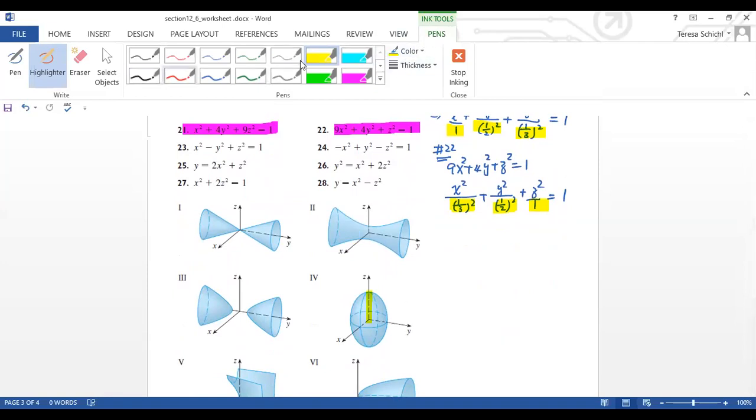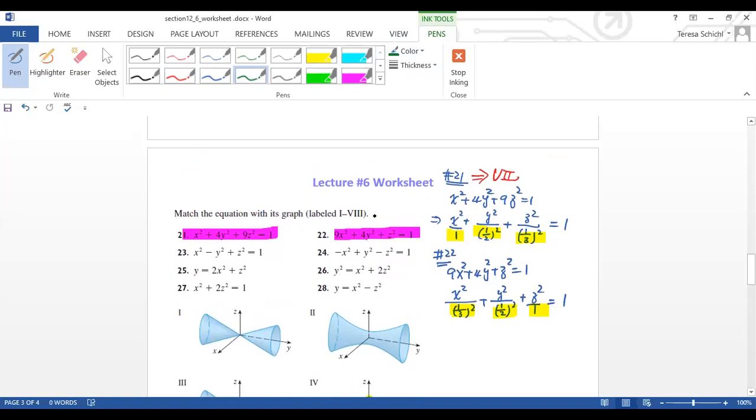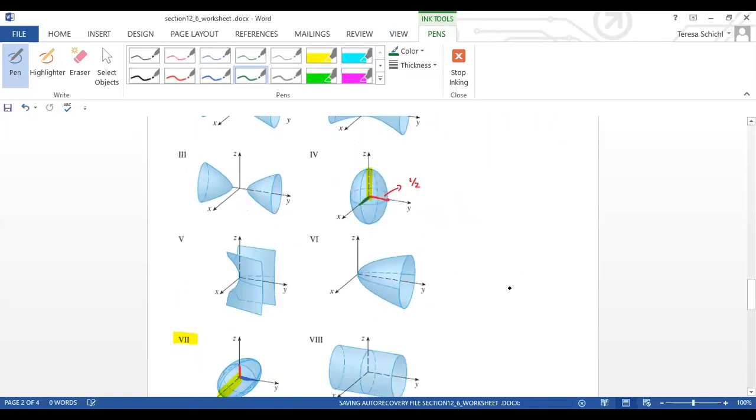And then y is 1/2, and x is 1/3, it has to be a little bit shorter than that. So that's why for number 22, I'm going to match the 4th one here. Okay, all the others are pretty straightforward.